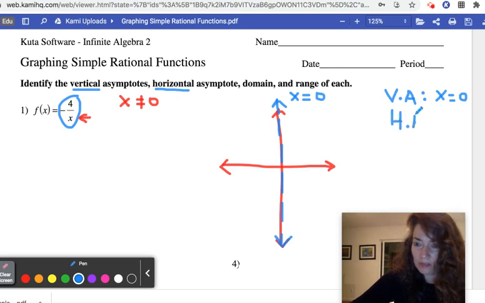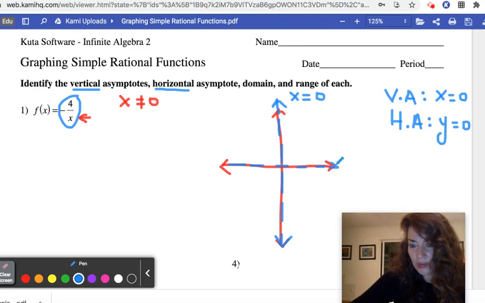That means we have a horizontal line y equals 0, so I'm writing the horizontal asymptote, and that will be this dashed line right here.